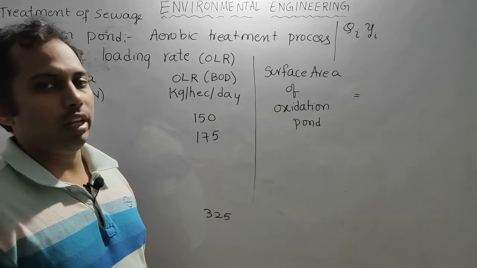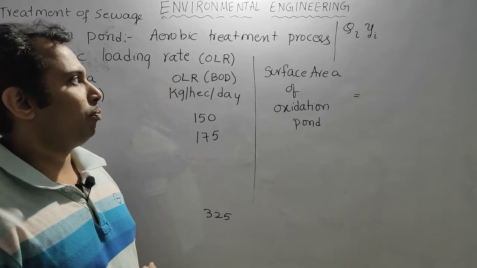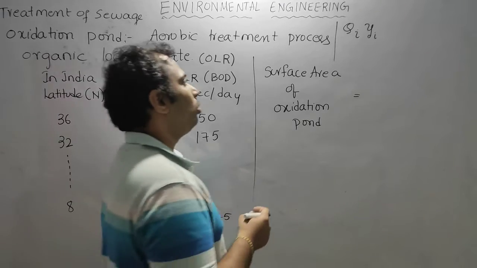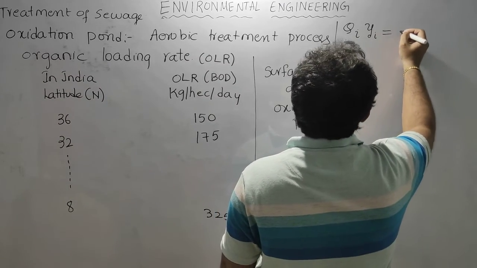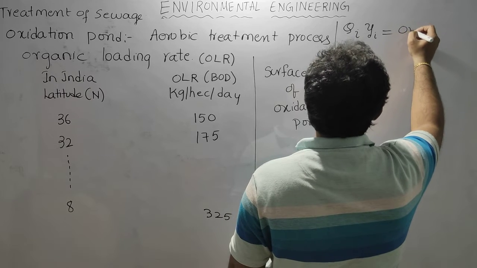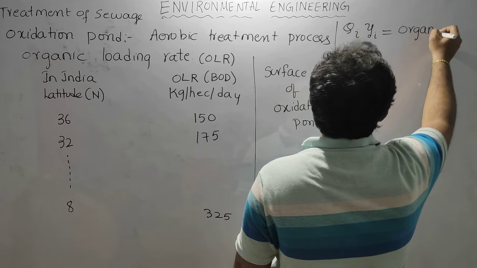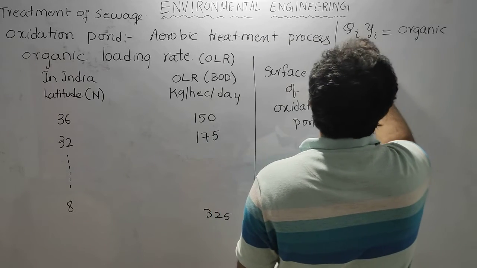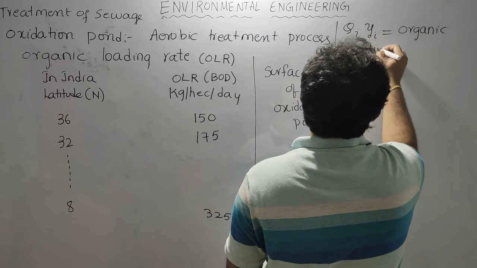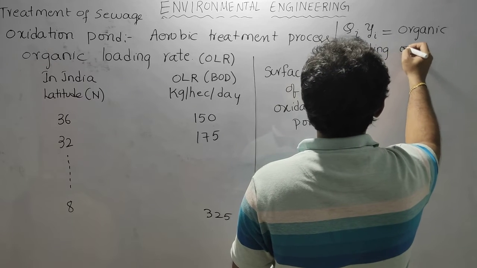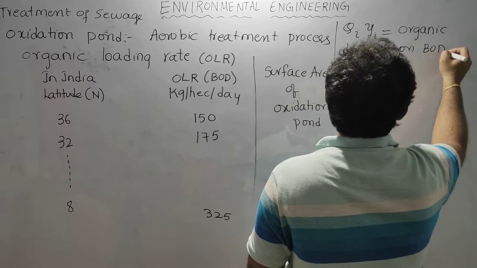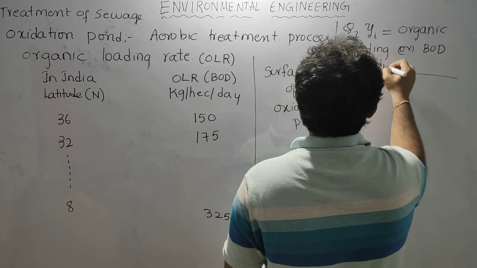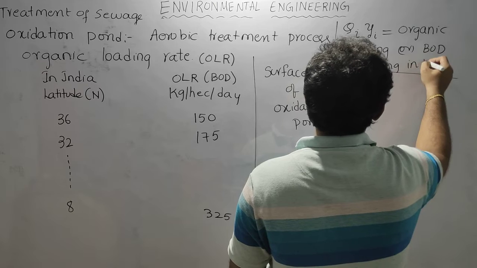So Qi times Yi is the organic loading, not the organic loading rate. It is the organic loading or BOD loading in kg per day.